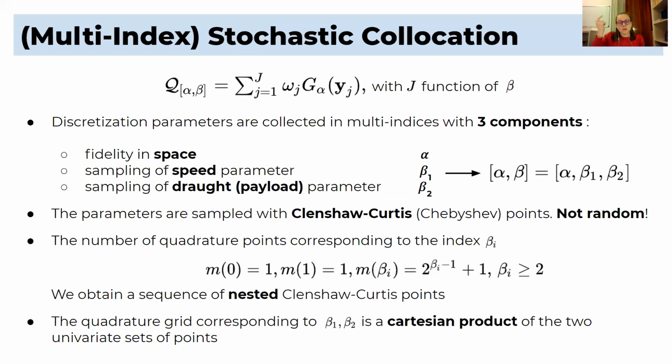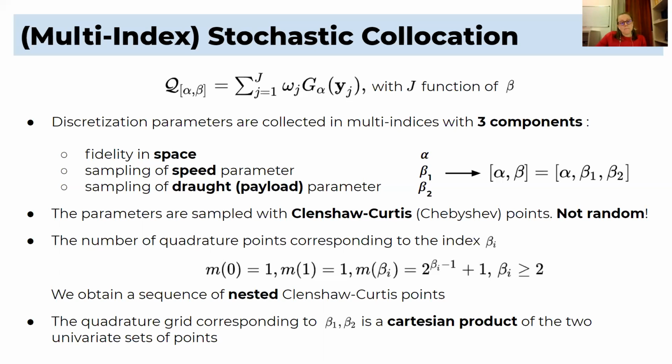And this is a smart choice, because we will consider adaptive algorithms. So when beta is increasing, all the points we use for smaller beta will be reused again. So we can recycle some computations, let's say.